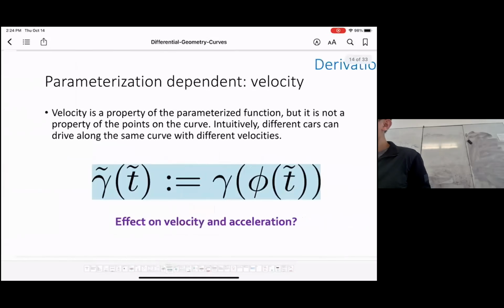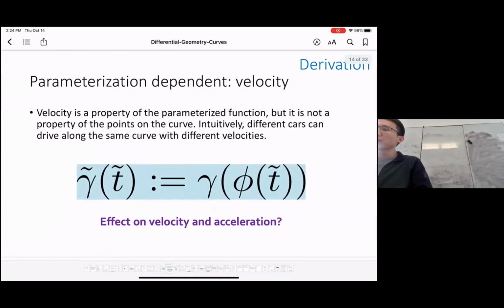To deal with this more precisely, we're going to look at one example: velocity. Velocity is a property of any parameterized function. If you think of your parameter as the time t and you think of your gamma as the distance you travel, then you can easily compute the velocity by taking the derivative. What we are trying to show is that velocity is not a property of the points on the curve; it depends on the parameterization.